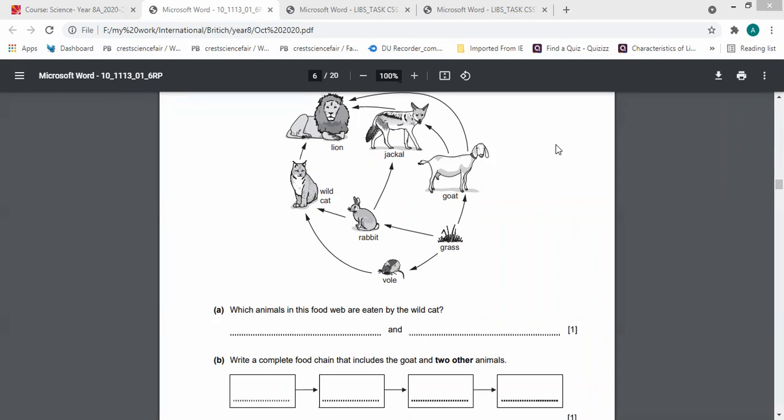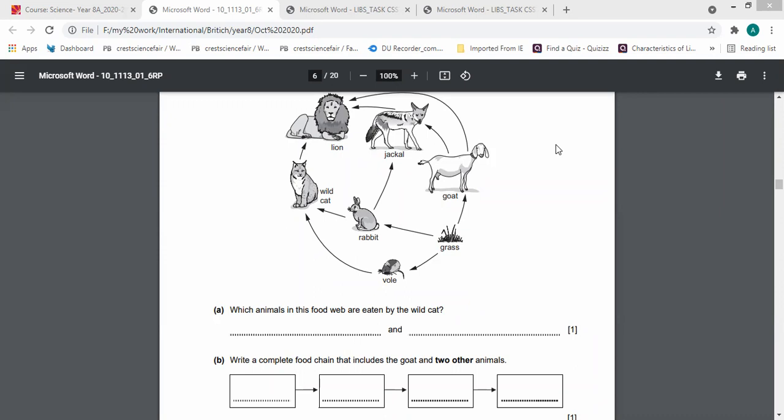Or the number stays the same because the increase will be eaten by the wild cat.